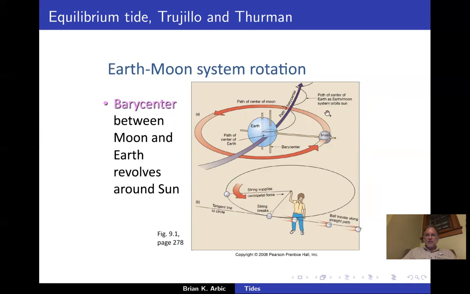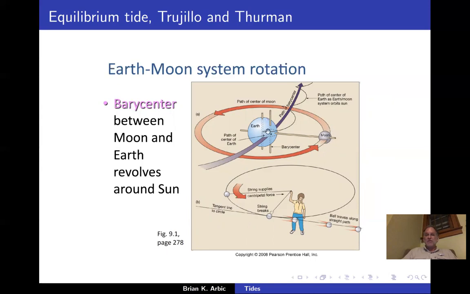So there's a lot going on: the Moon's orbiting around the Earth, and the whole system is orbiting around the Sun. The center of the Earth is orbiting around the barycenter, and the barycenter is displaced from the center of the Earth a little bit because the Moon, of course, does have mass.